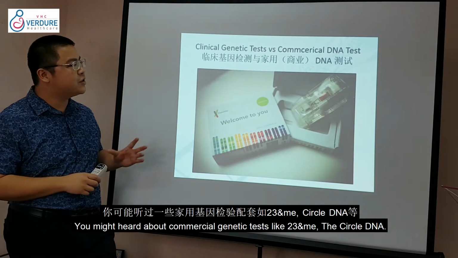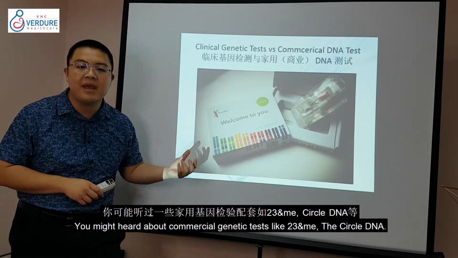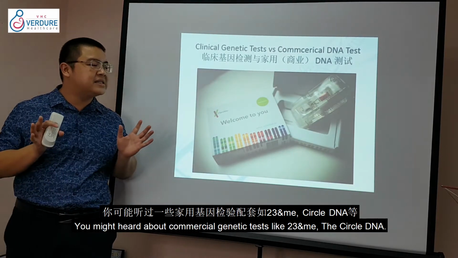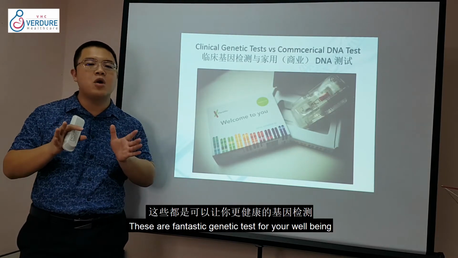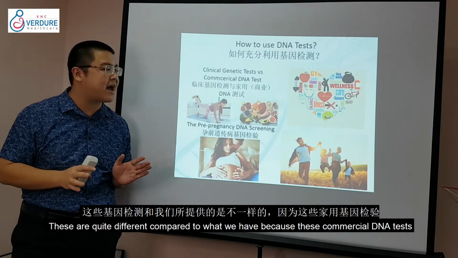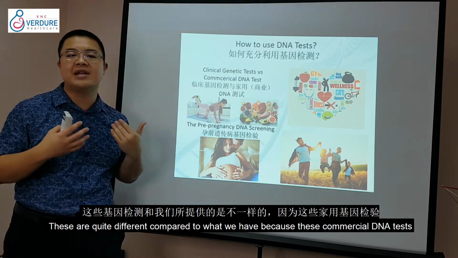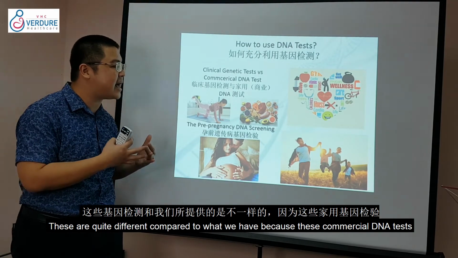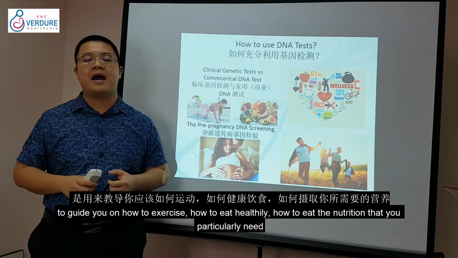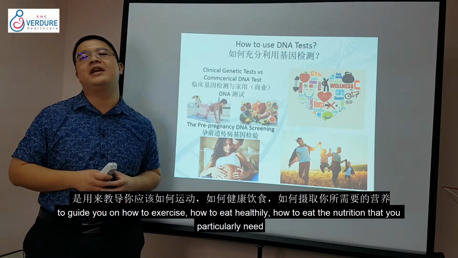Anyway, you might have heard of commercial genetic tests such as 23andMe as well as Circle DNA. These are fantastic genetic tests for your well-being. They are quite different compared to what we have, because these commercial DNA tests are to guide you on how to exercise, how to eat healthily, and how to eat the nutrition that you particularly need.